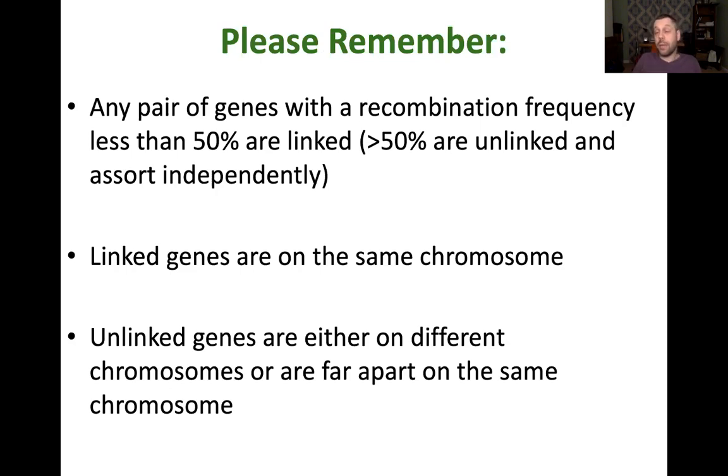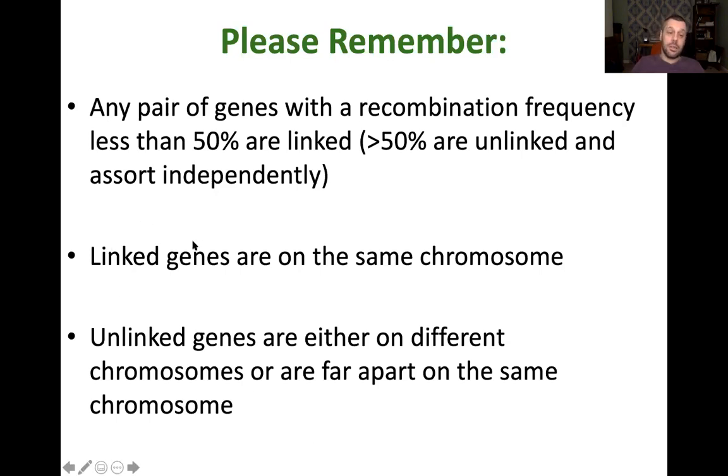If they have a recombination frequency of greater than 50%, then they're so far apart that they basically assort independently, because there is always going to be a crossover between them. On average, there's at least one crossover per chromosome.